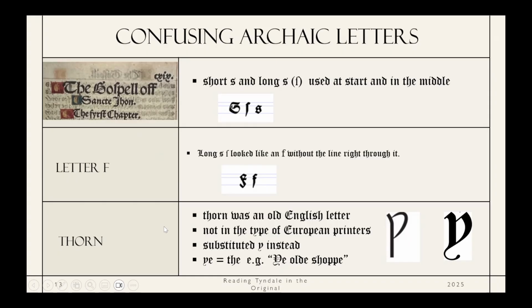Another interesting feature was that at this time, English had a letter which had survived from Anglo-Saxon times called the thorn. But this wasn't used in European type, and so they didn't have a metal type for it at the printers. If you look at my illustration here, the thorn to the printer looked a bit like a Y. So they substituted the Y instead. And the thorn was the letter for TH.